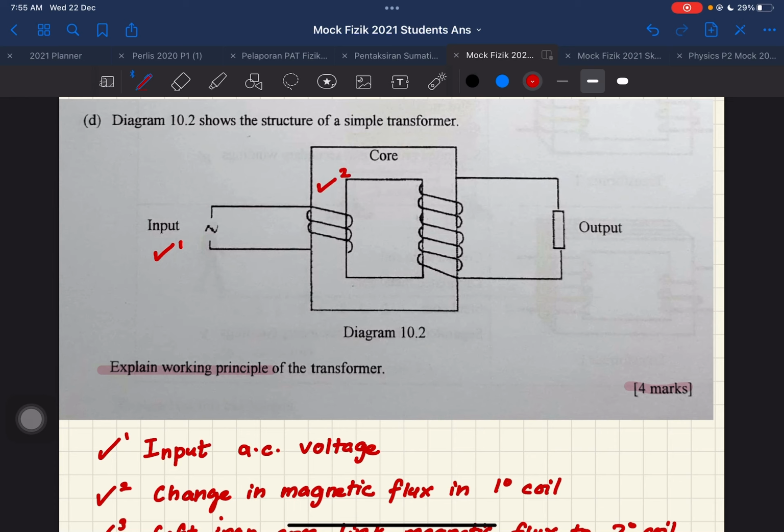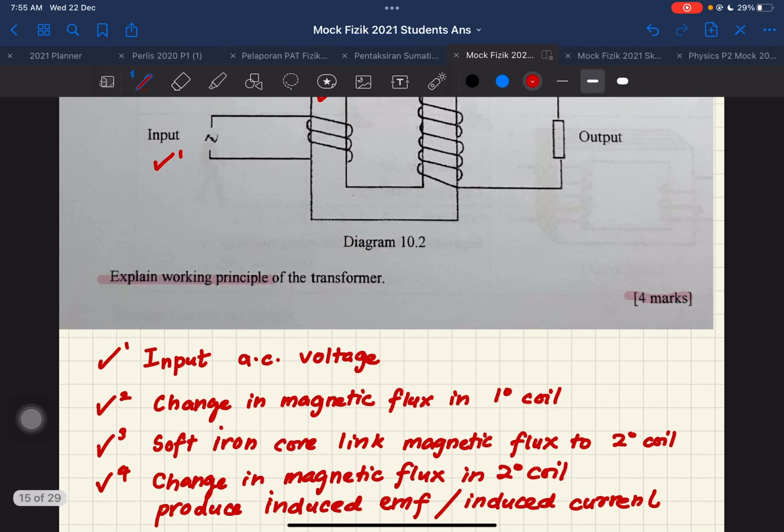This part will become an electromagnet. There will be a change of magnetic flux in the primary coil. Change in the magnetic flux here means change in terms of magnitude and direction.